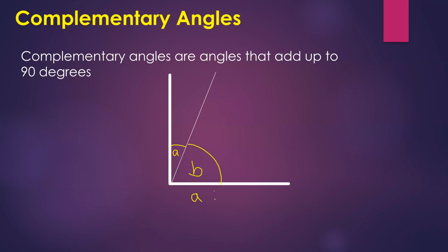A and B add up to what? No, 90 degrees. And the reason why they add up to 90 degrees is because they are complementary angles.